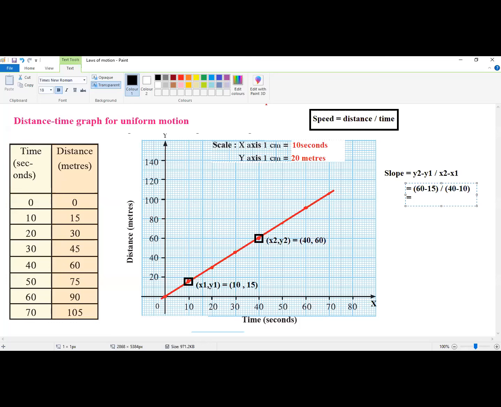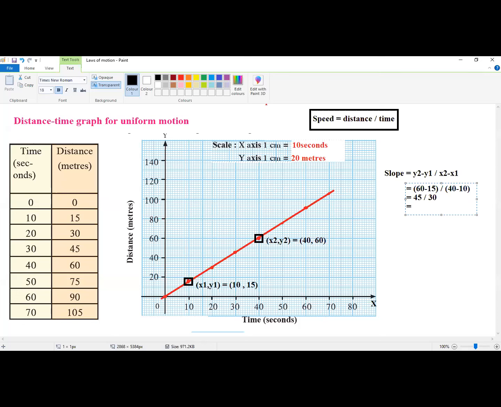So this is further equal to 60 minus 15, which is 45, divided by 40 minus 10, that is 30.